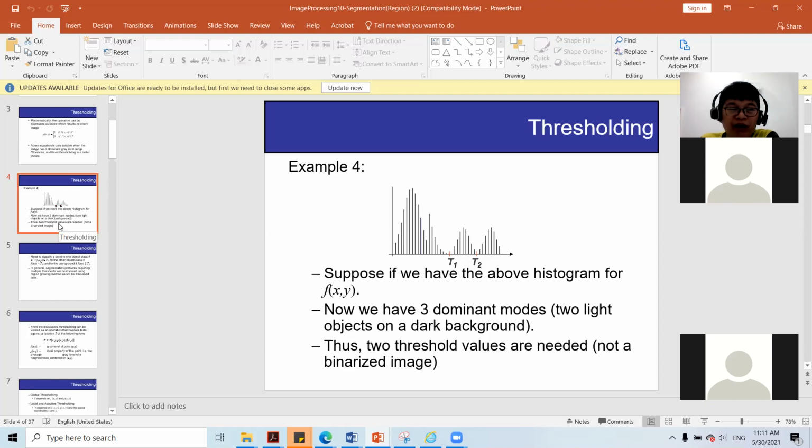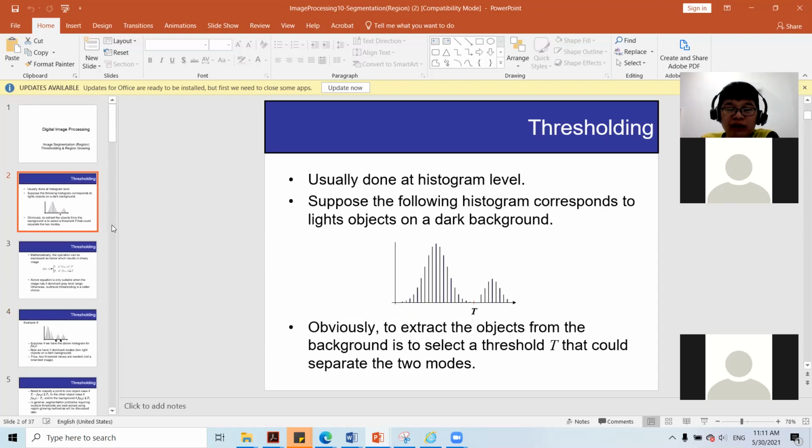What kind of value or simple formula? Simple formula, yeah. You learned before, right? Statistics. What kind of simple formula can you use to get this key value? You can give any idea.